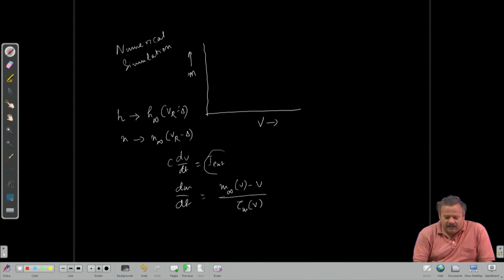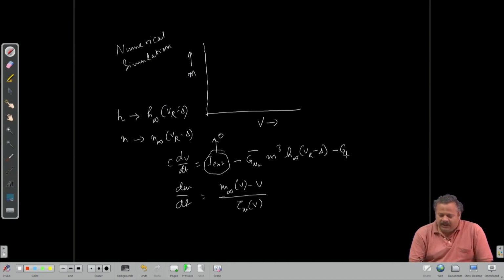Remember, this I external is now 0 when the clamp is released, and minus we have our G sodium bar m cube H infinity at V R minus delta, times V minus E sodium, minus G K bar n to the power 4, the value at V R minus delta, minus G leak times V minus E leak.